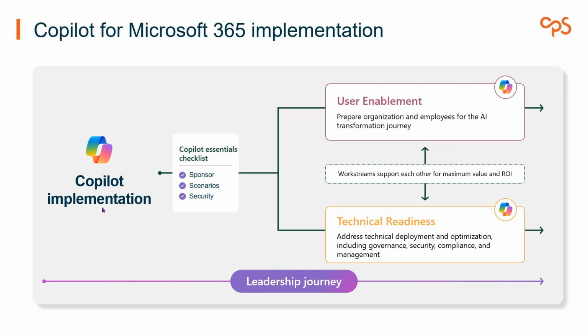In any new technology implementation, it is always best practice to make sure that you have a key sponsor on board. So that is usually a senior stakeholder, someone in the organization who has influence over the organization, and they will be involved in pushing the message of we're using Copilot. We're at the front of digital changes in technology.